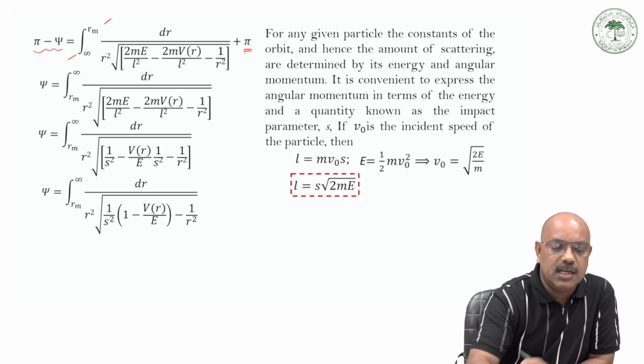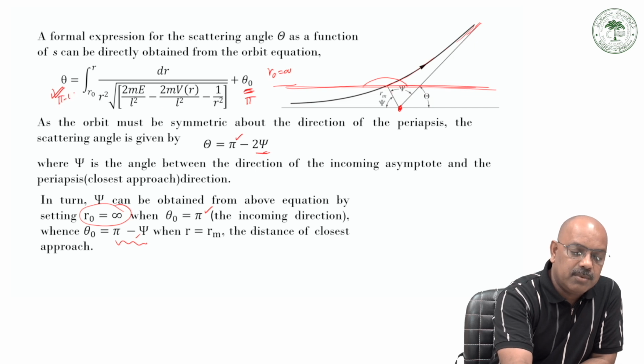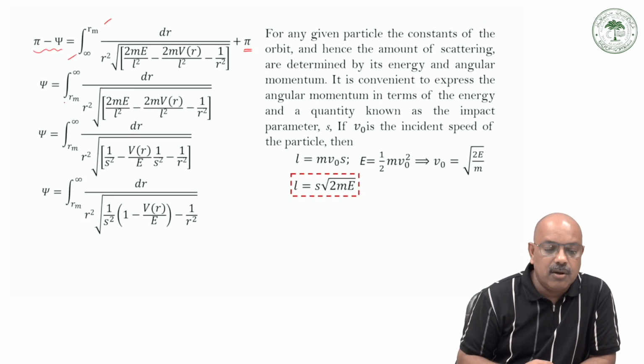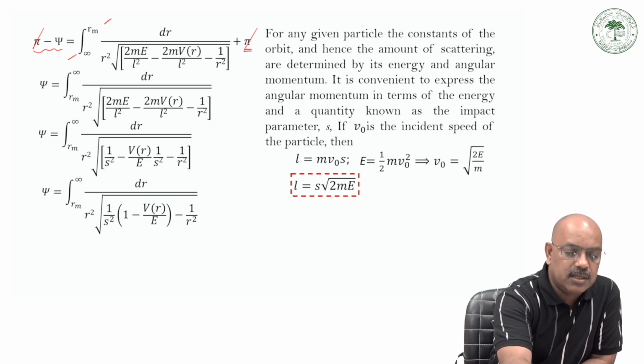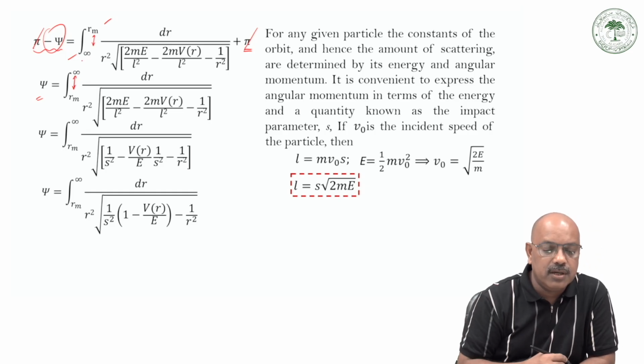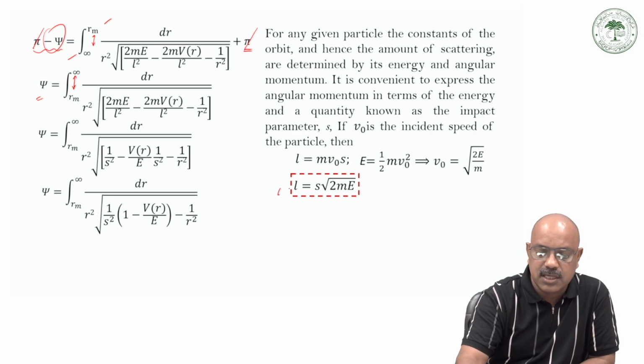The pi will cancel out, and I have minus psi, so psi will become psi. The integration gets reversed, from Rm to infinity, and nothing else.